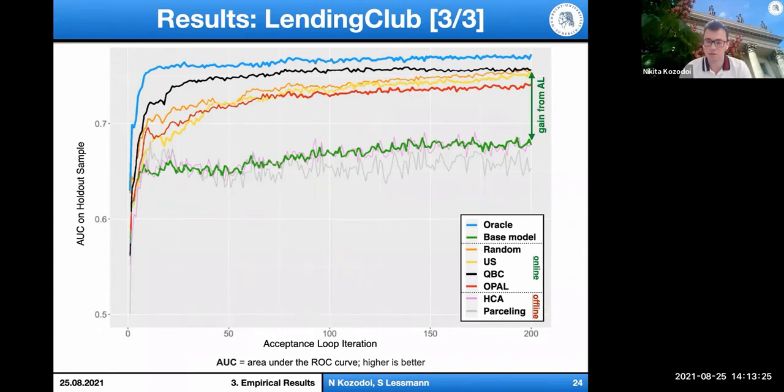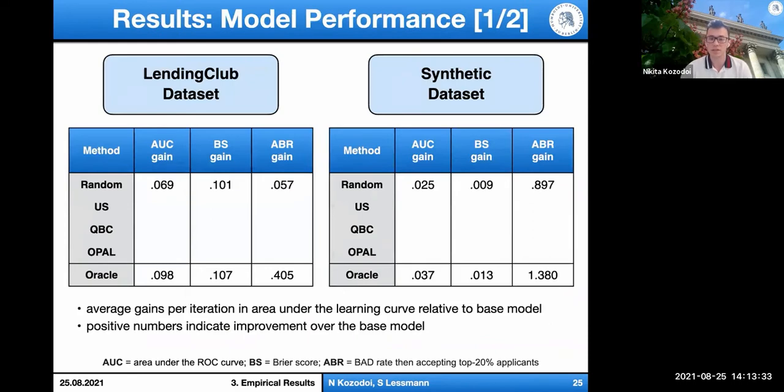You might be wondering, is there a gain in other evaluation metrics or also on the other synthetic data set? And this is what you can see in this table, where we quantify gains in terms of AUC, Brier score, which is a calibration quality evaluation metric, and ABR, which is bad rate among accepts.